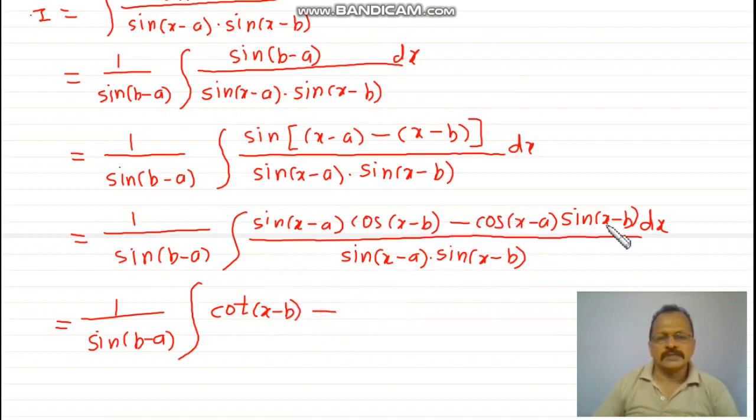Now cos sin divided by sin sin, the sin(x minus b) term will get cancelled, cos(x minus a) upon sin(x minus a) will give us cot(x minus a) dx.